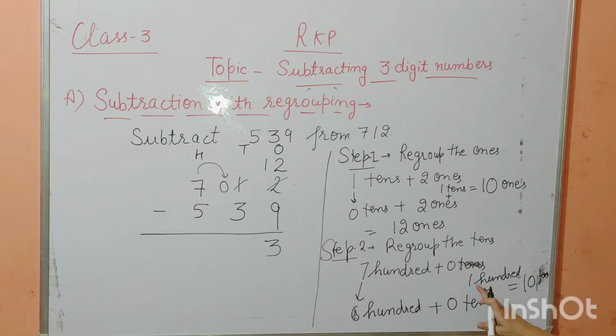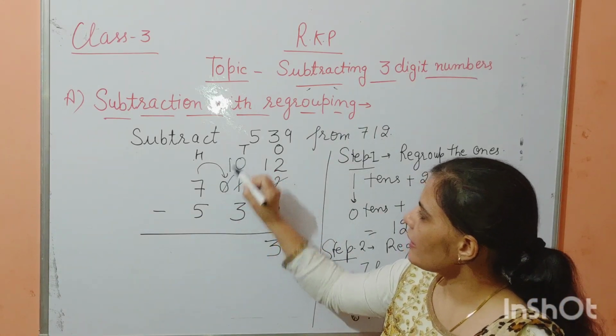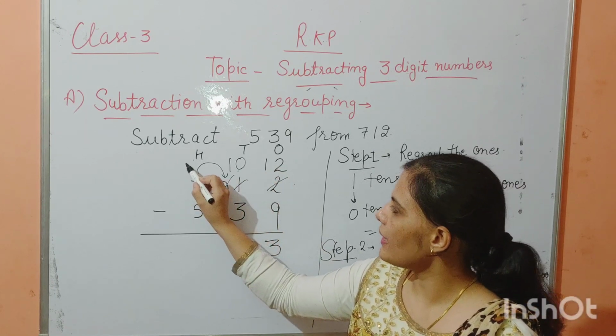When you add 10 plus 0, it becomes 10 tens. So you can write 10, and what will be left? 6.